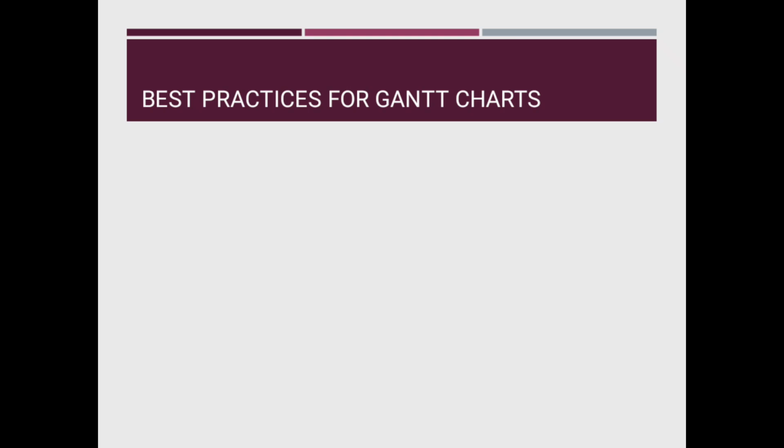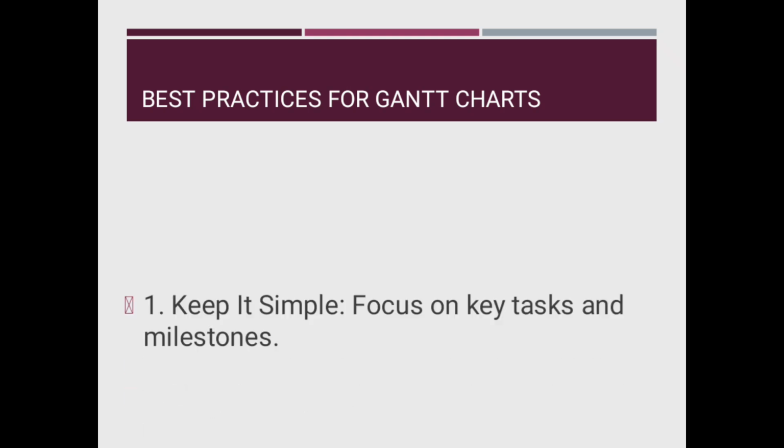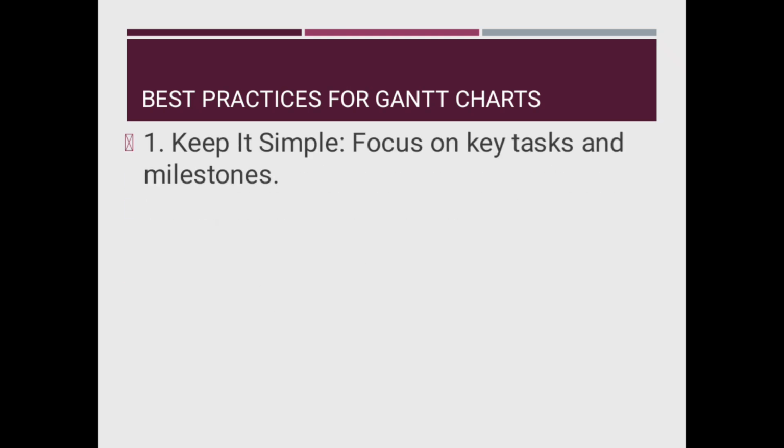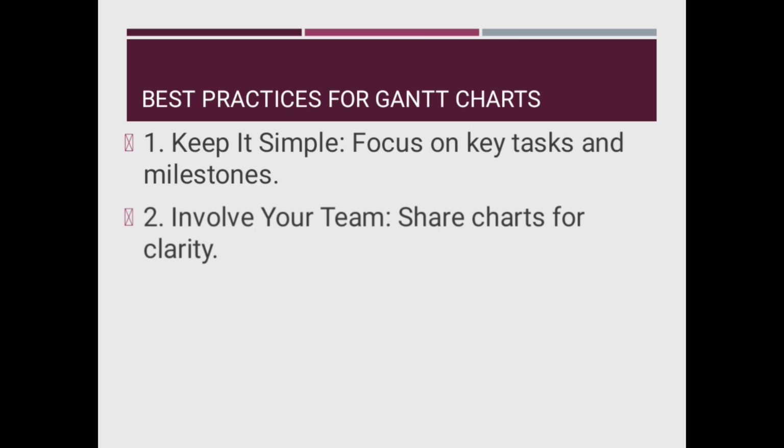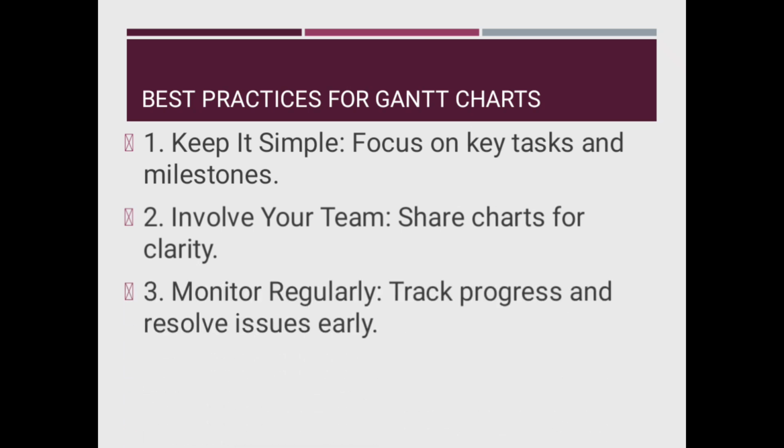Right. Let's talk about best practices for Gantt charts. Number one, keep it simple. It is supposed to be simple, not complicated. People should be able to understand it. Another one, involve your team. Don't do it yourself as just a project manager. Make sure that your team is involved. Monitor it regularly, right?